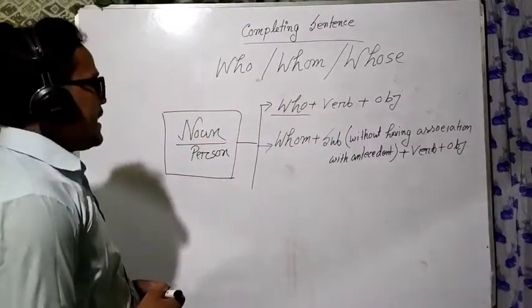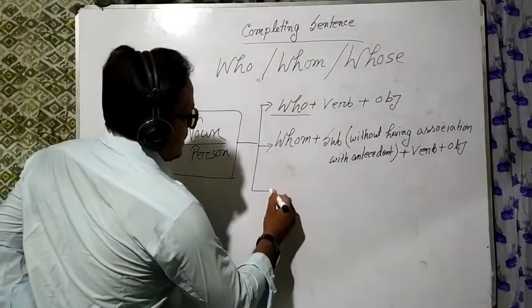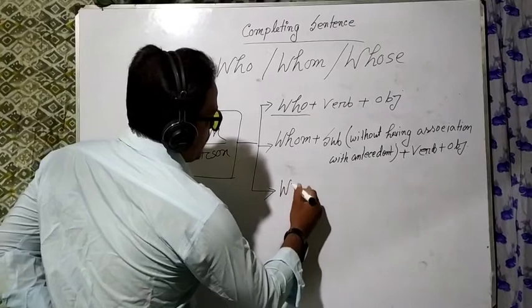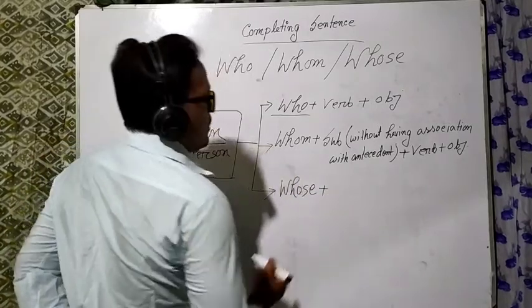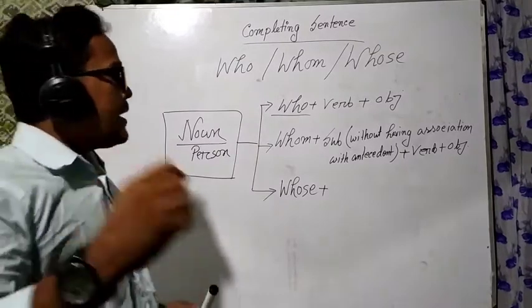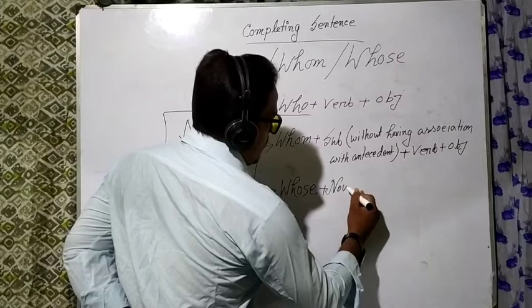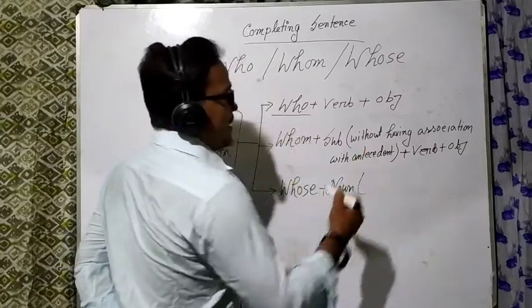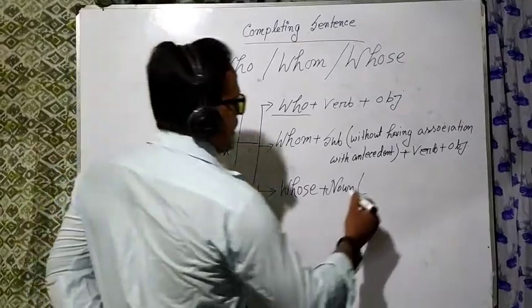But when we see after the antecedent whose, then we have to use a noun which has a relationship or affinity with the antecedent.